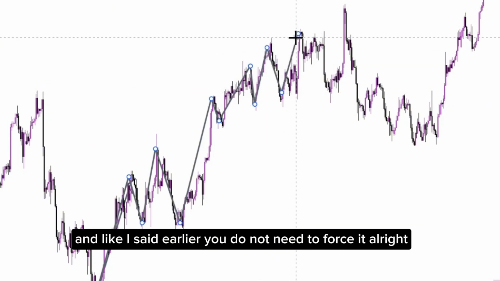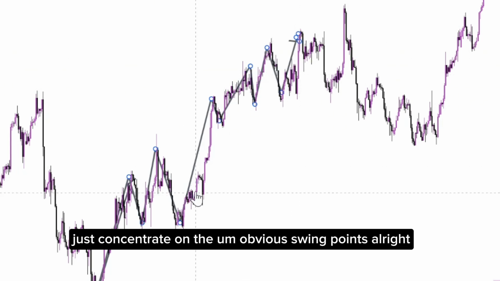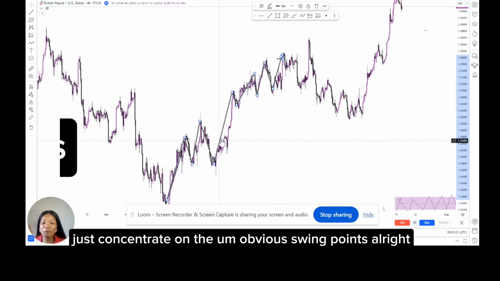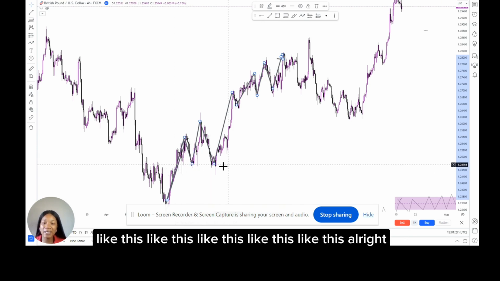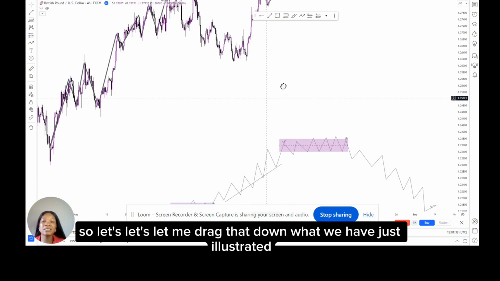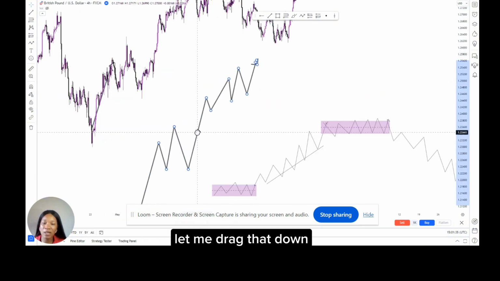Like I said earlier, you really do not need to force it. Just concentrate on the obvious swing points, like this, like this, like this. All right, so let me drag that down. What we have just illustrated, let me drag that down.